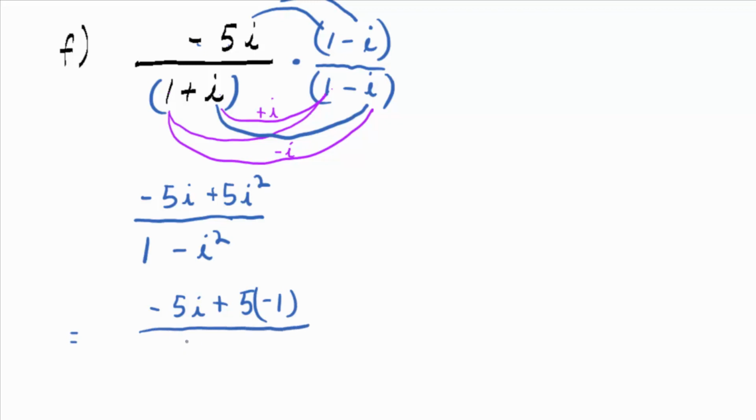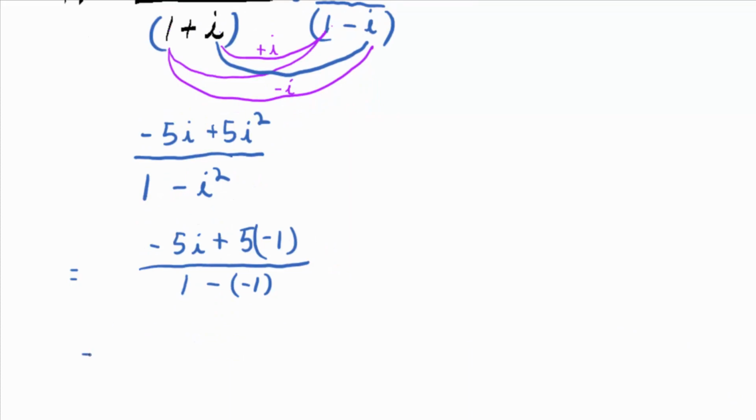On the bottom, you get 1 minus negative 1. Notice how I put the negative 1 in parentheses. Okay, so what do you get? Negative 5i minus 5 all over 2. 1 plus 1, right? Now that's a great way to write it.